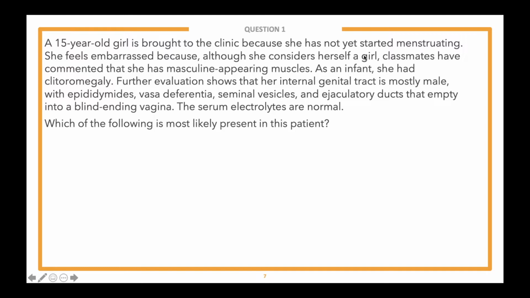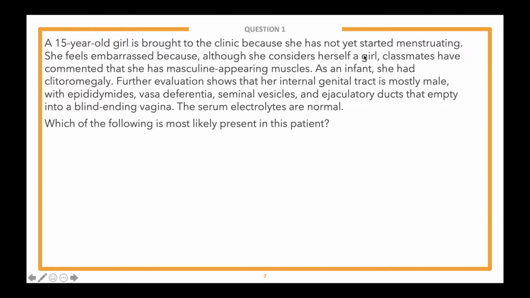A 15-year-old girl is brought to the clinic because she has not yet started menstruating. She feels embarrassed because, although she considers herself a girl, classmates have commented that she has masculine-appearing muscles. As an infant, she had clitoromegaly.